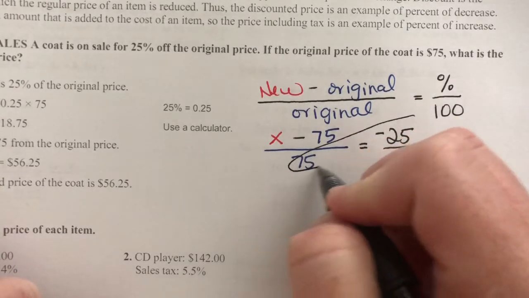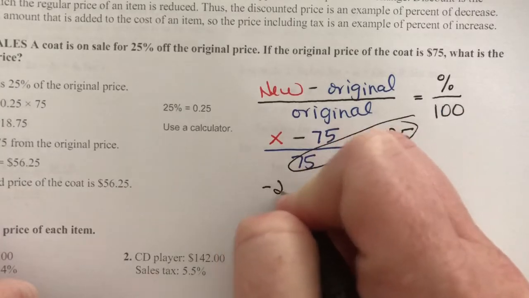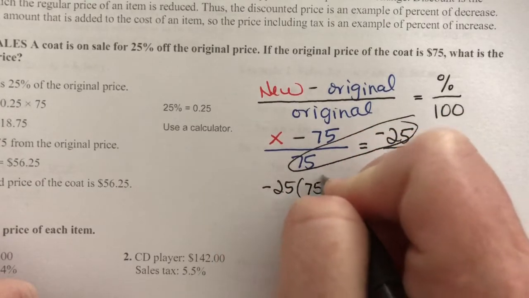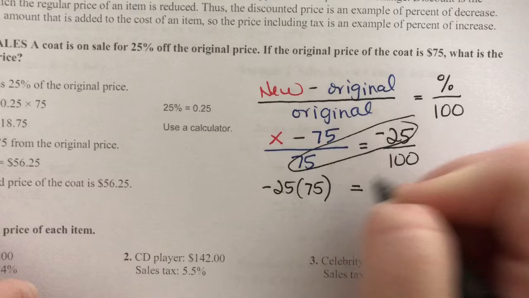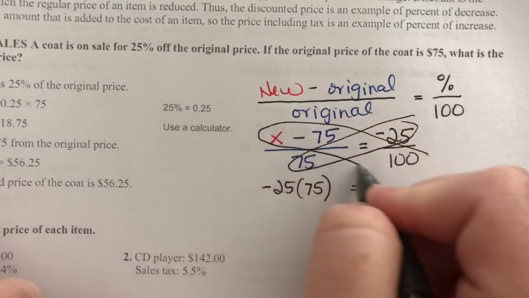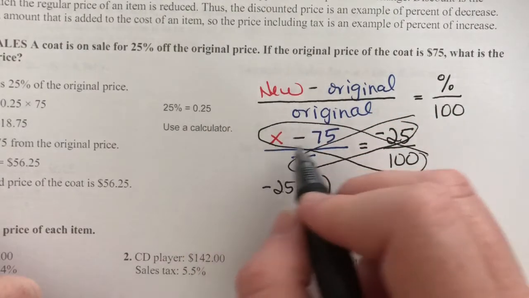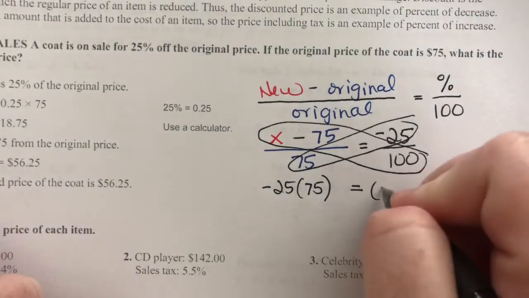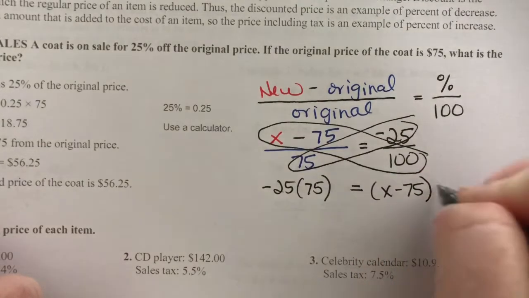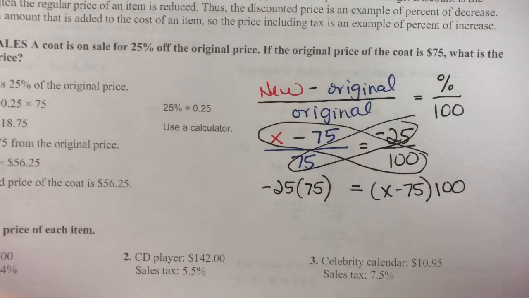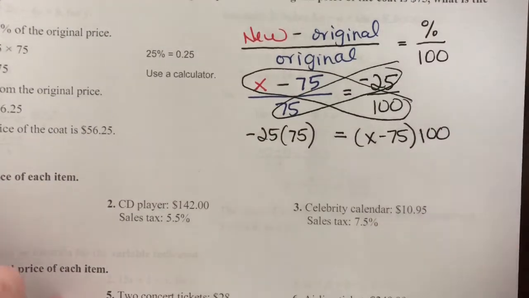So I'm going to cross multiply this way, and I'll get negative 25 times 75. And I set that equal to cross multiplying the other way. So I have x minus 75 times 100. Right? And now we have distributive property and we can simplify.